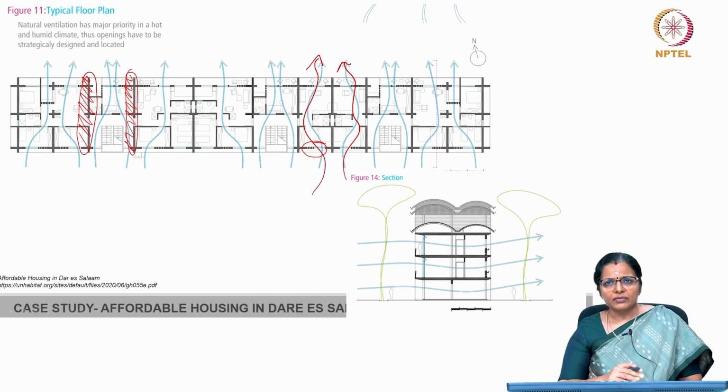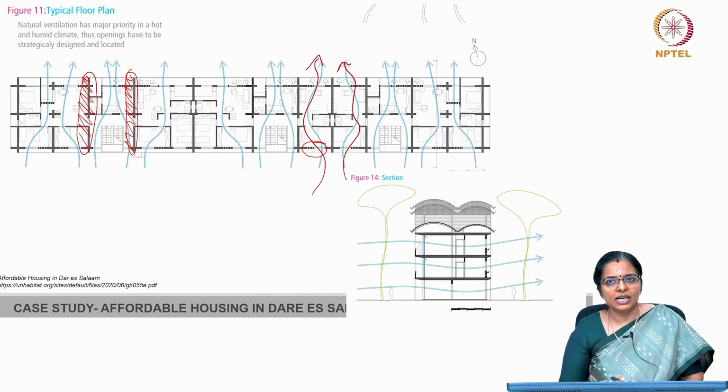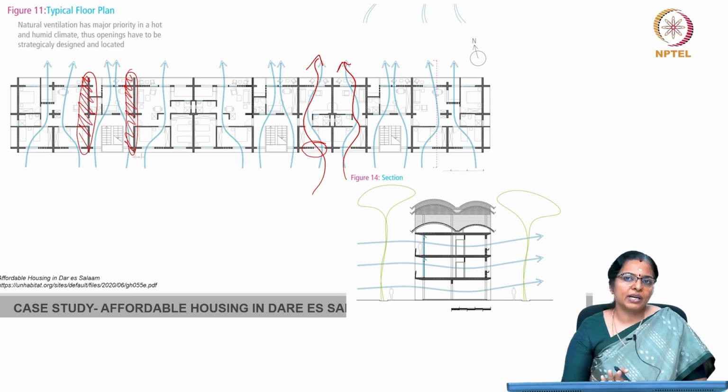Now, so permanent ventilation vents at different heights and a continuous open air chamber on the roof enhances airflow, and the open plan layout of the living space minimizes airflow resistance, creating efficient flow paths for cross ventilation.